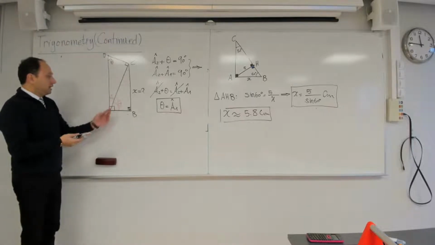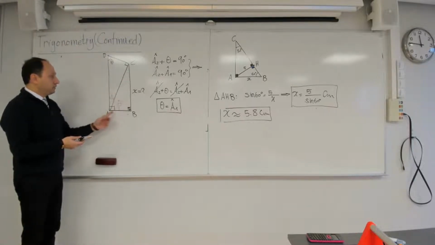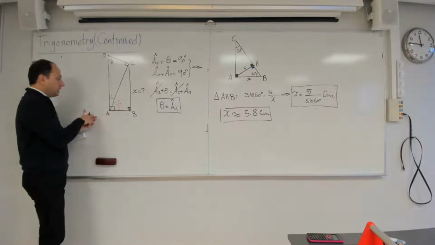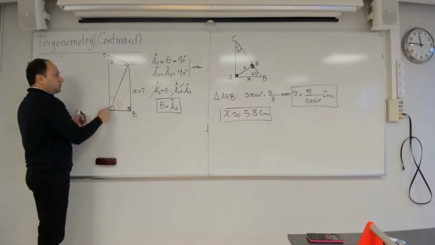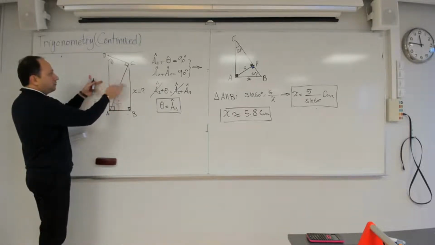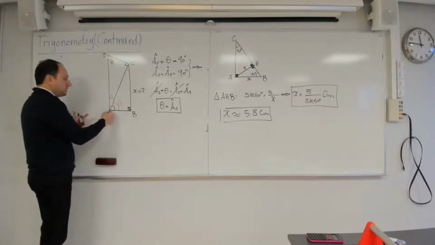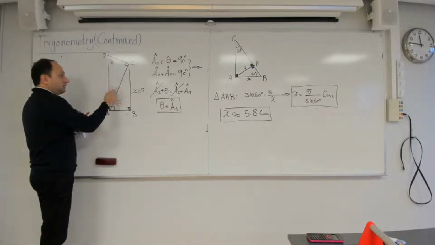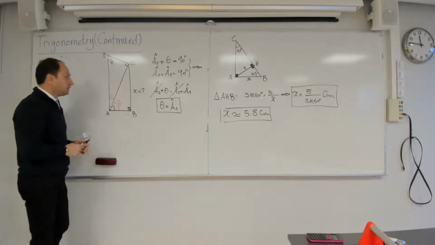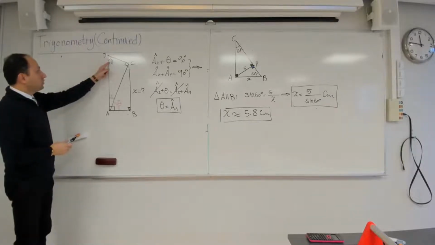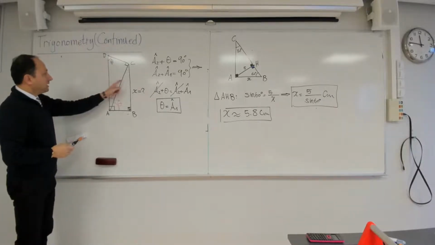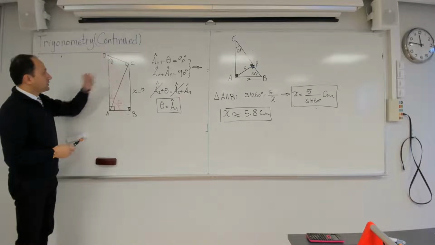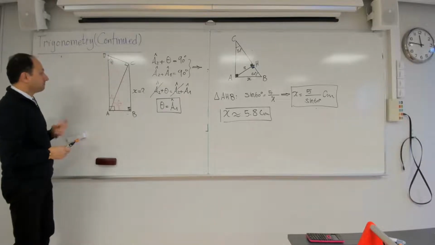The only way I can get it is by working here, because I need something shared between these two triangles, and this is the only one that is shared. So I go back to this triangle and see that this one is the opposite one.